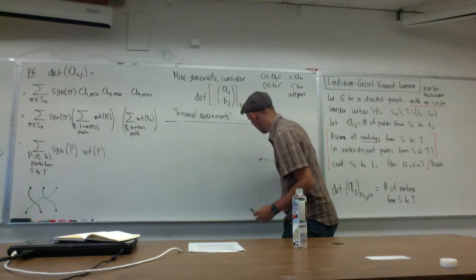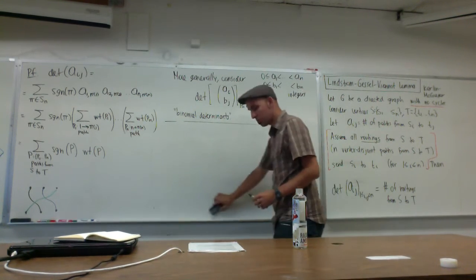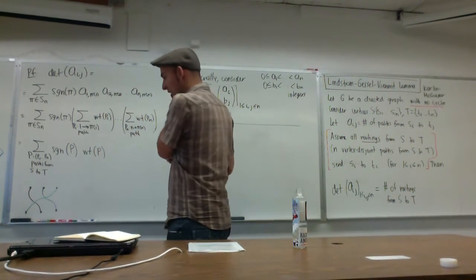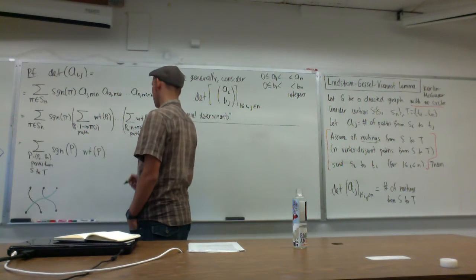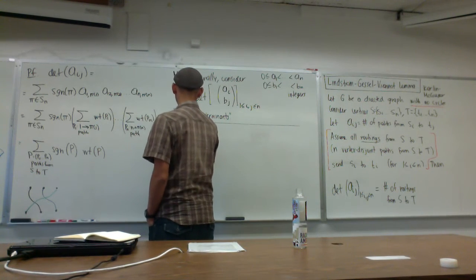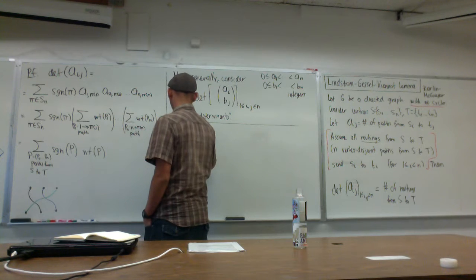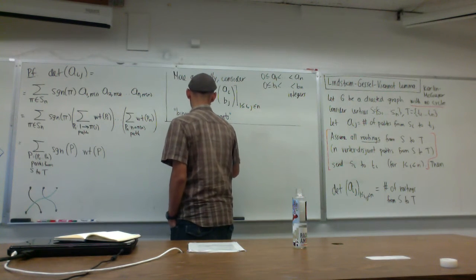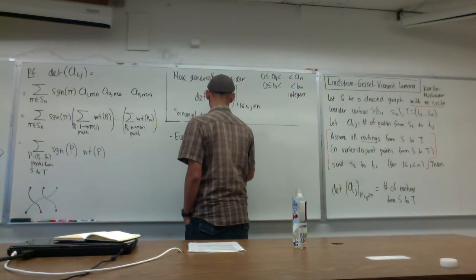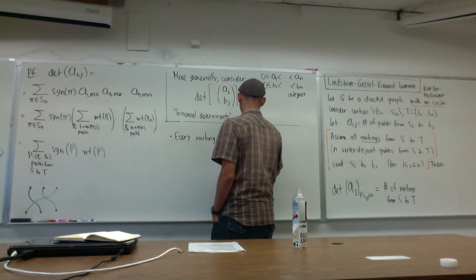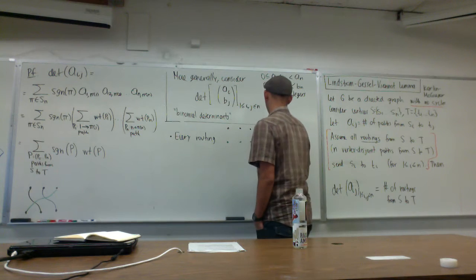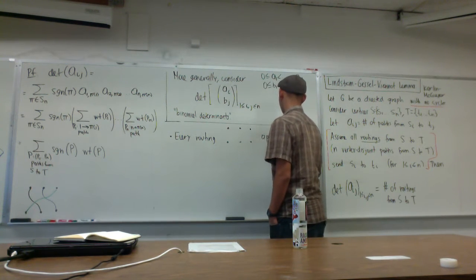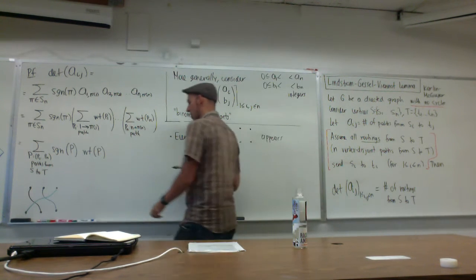So what do we do next? We're just going to make some observations. First of all, every routing appears here. And what's a routing?